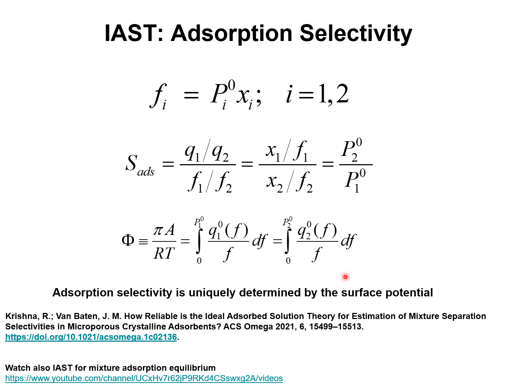The sorption pressures at thermodynamic equilibrium may be obtained by equating the integrals shown here for component 1 and for component 2 here. This is the surface potential phi, which serves as a proxy for the spreading pressure.